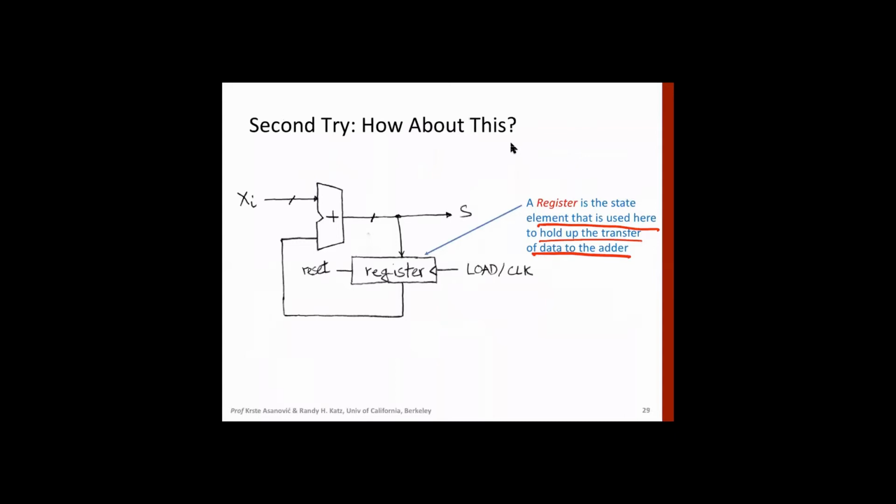Now the initial value of s has to be 0, so you can use the reset button. So the output s0 equal to 0 will come, and this output is available here, and this is x1, so 0 plus x will be available here, and then at the next clock cycle, it will get into the register.